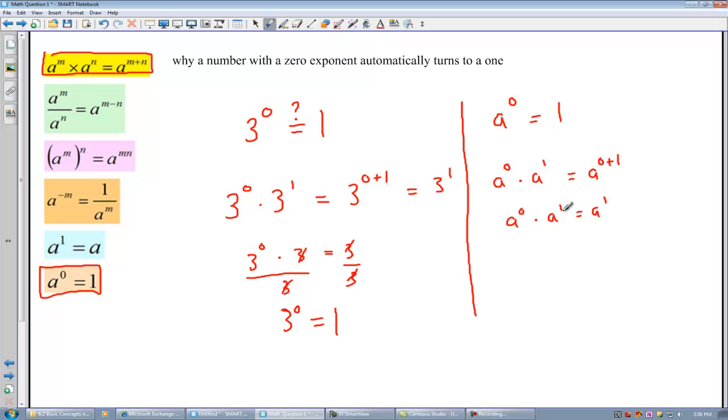You can divide both sides by a, and you get a to the 0 equals 1, which forces this to be true. And really, this is sort of a definitional thing. For all these rules to work, you need this condition to be satisfied. Otherwise, this wouldn't work. If you multiplied 3 to the 0 times 3 to the 1, and 3 to the 0 wasn't 1, you would not get back 3. And so, in a sense, this has to follow from this up here.